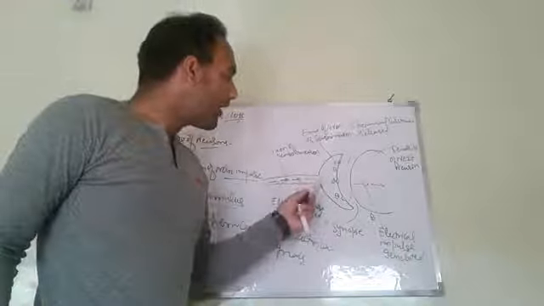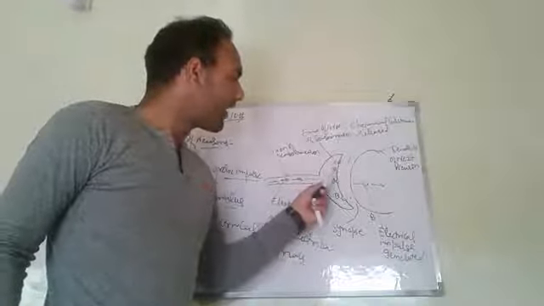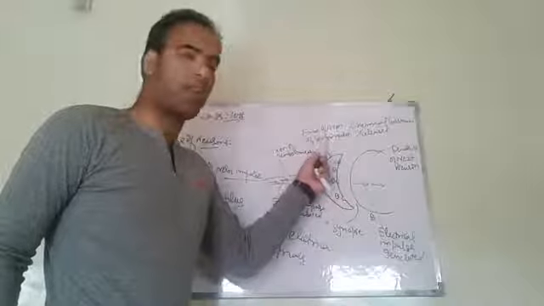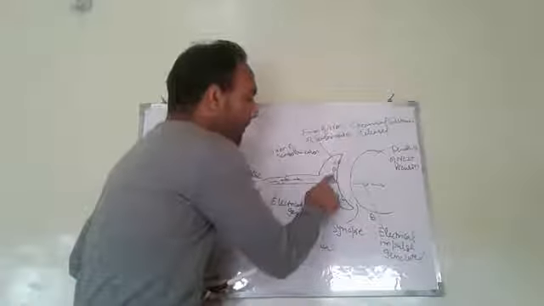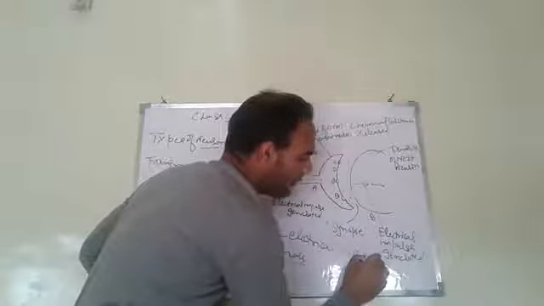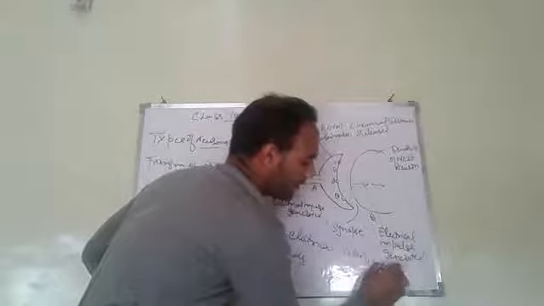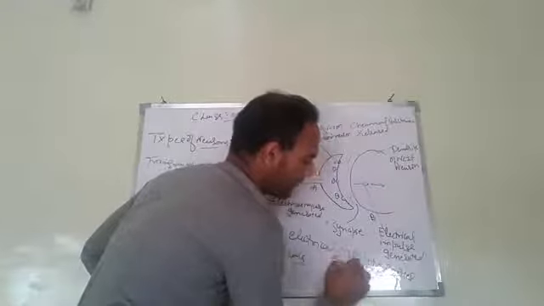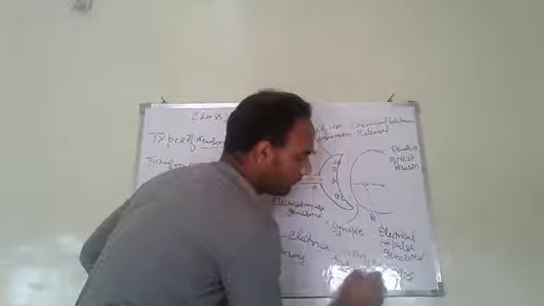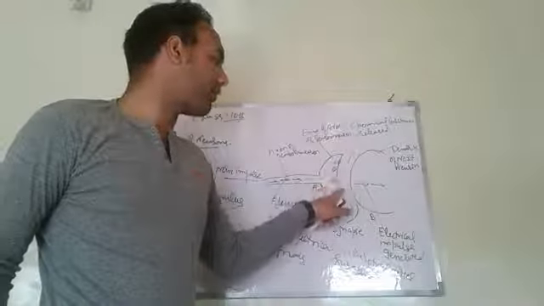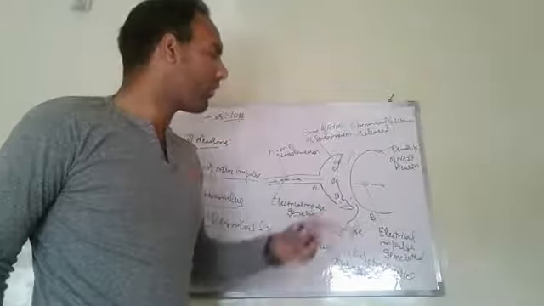When the electric signal reaches the terminal end, the end part of this axon of the sensory neuron, it produces a neurotransmitter substance.